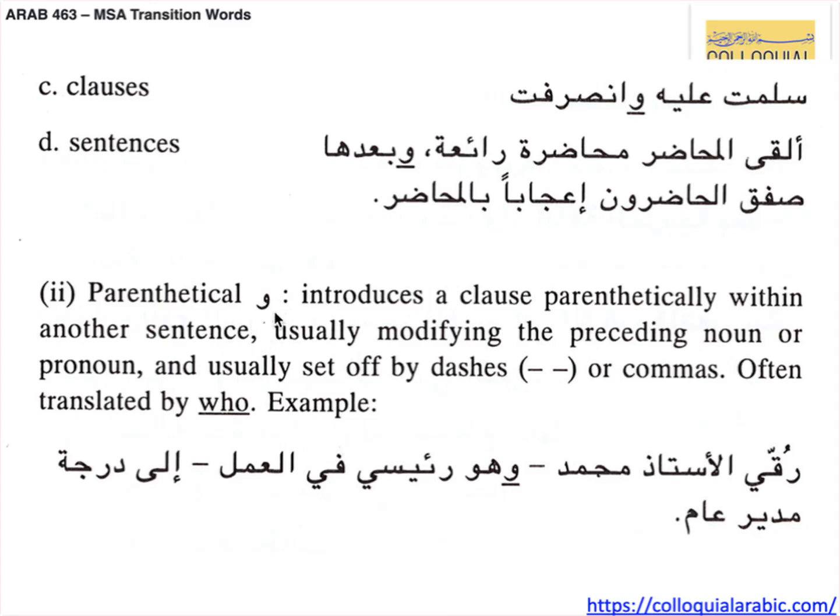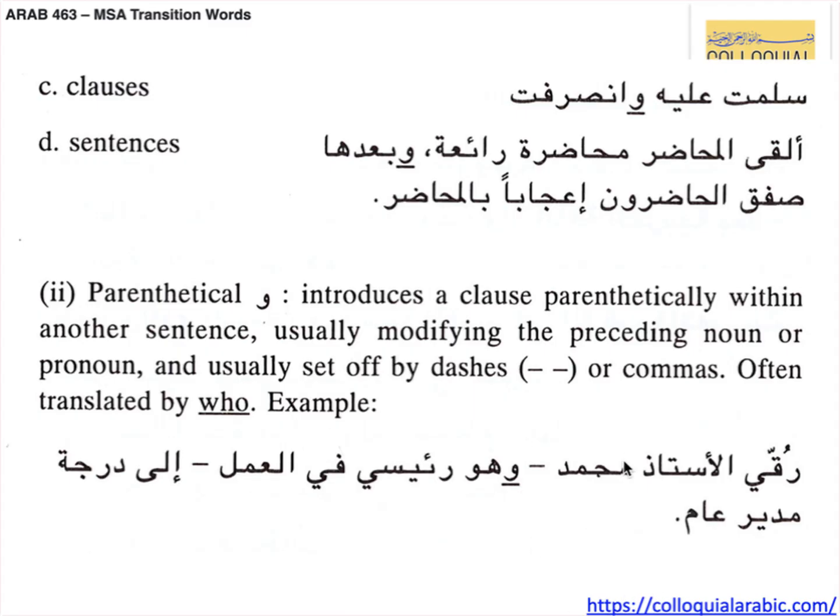So wa could be used for parentheses as well, but there are no parentheses in the Arabic language as such. Therefore, it introduces a clause potentially within another sentence. This is a rhetorical feature of English as well, although it's not liked much in the English language, but parentheses are used a lot in MSA.